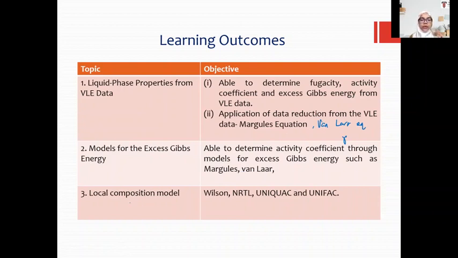And then the last, we will move to the local composition models, using Wilson, NRTL, UNIQUAC and UNIFAC. This local composition model is usually used through a simulation tool. The calculation method is a bit complex, so you will only be introduced to this model in this topic.